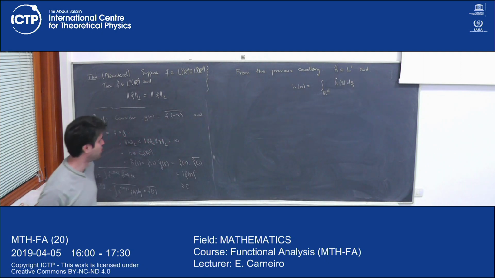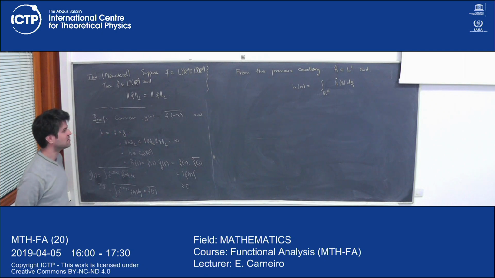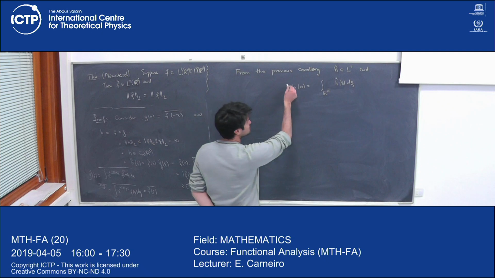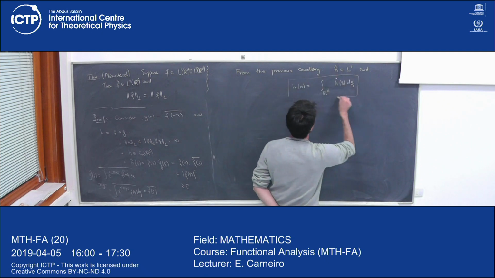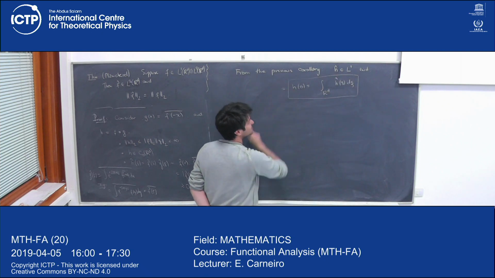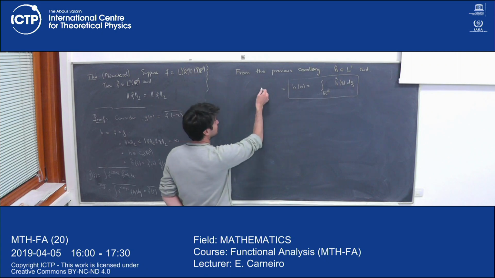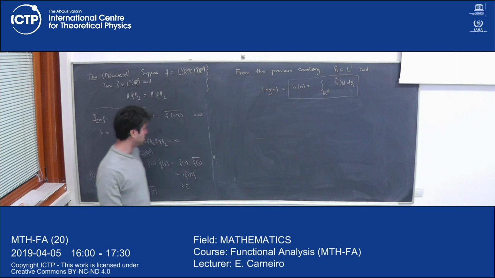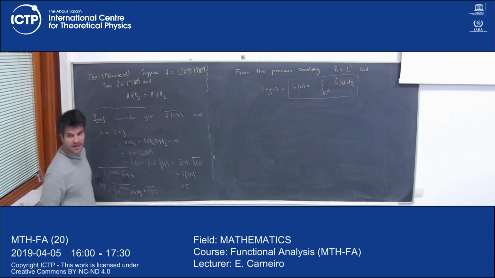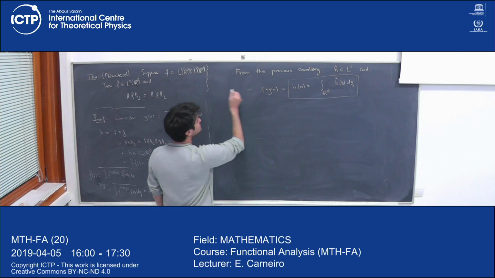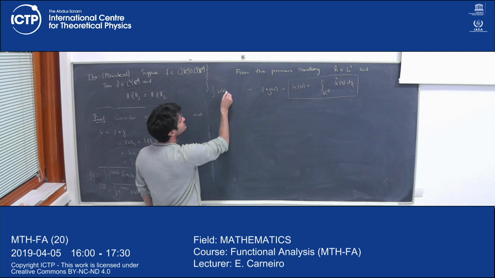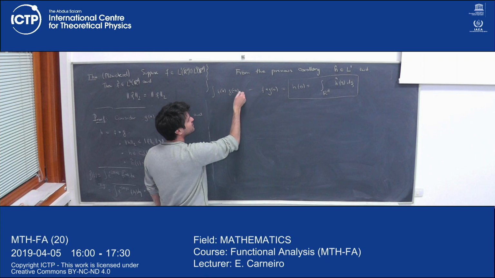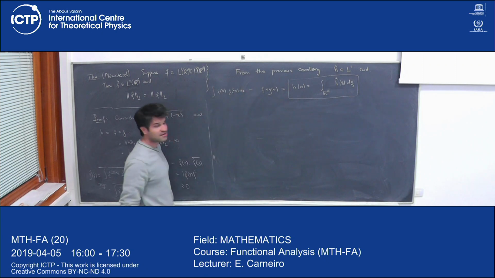Okay, let's just open up to see what this is. So what is h of 0? On one side, h of 0 is f convolved with g at 0, by definition. f convolved with g at 0 was just the integral of f of x g of minus x dx, right?